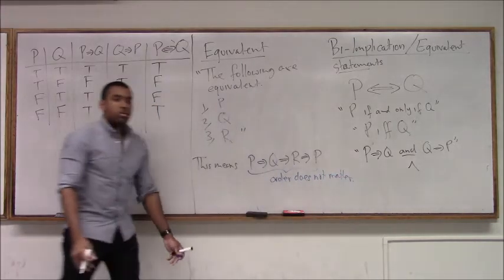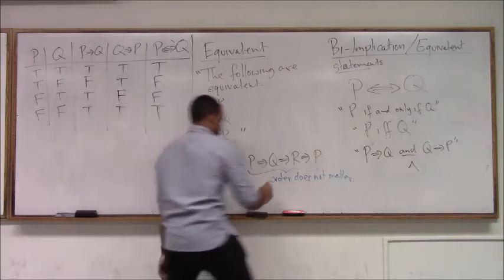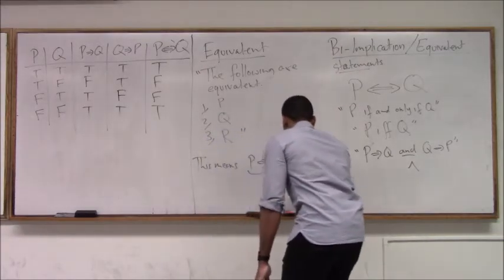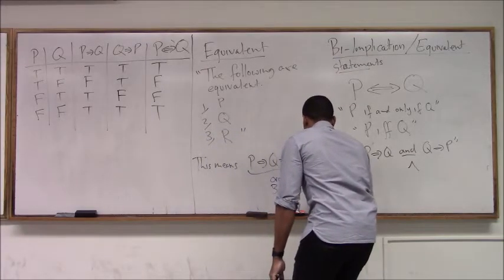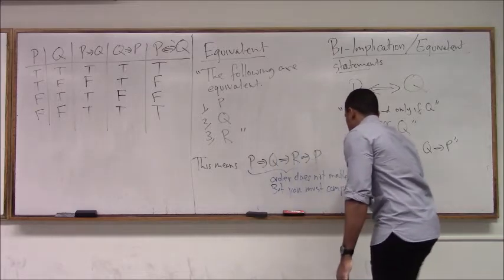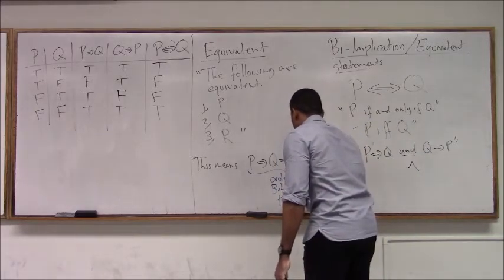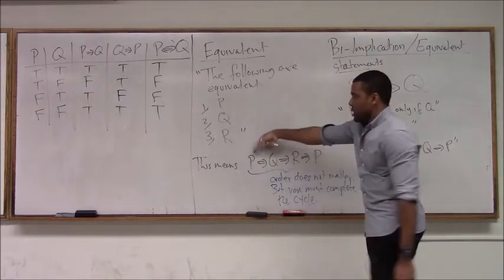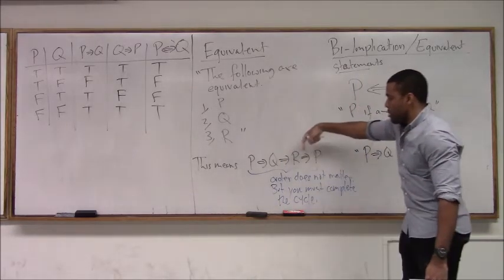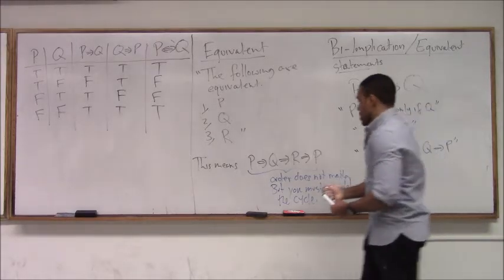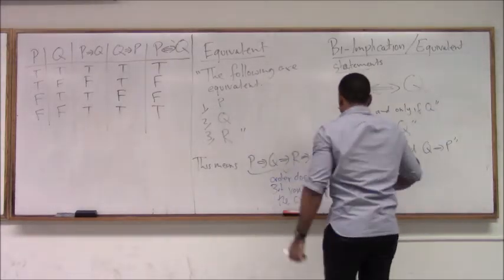The order does not matter, but you have to go through the cycle. If you start with statement P, you have to go through all the statements and end up back at statement P. And that means the following are all equivalent statements.